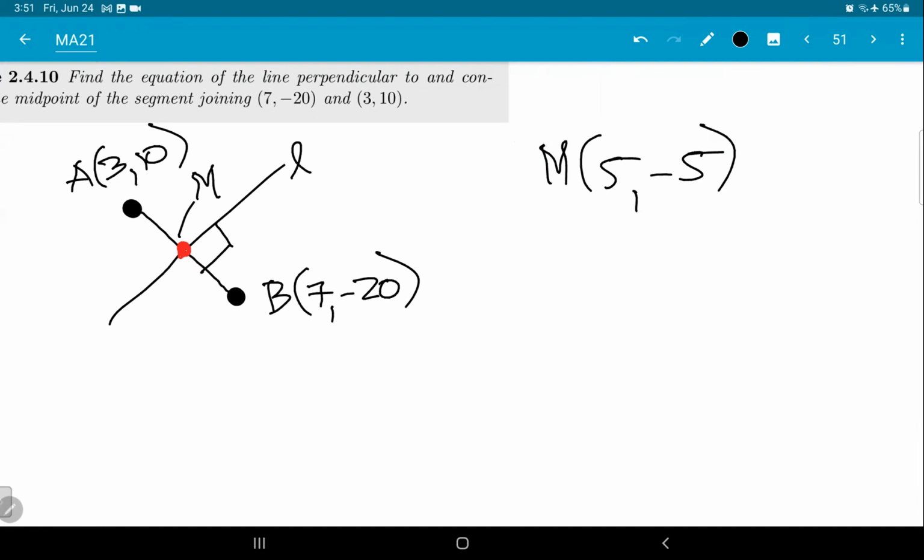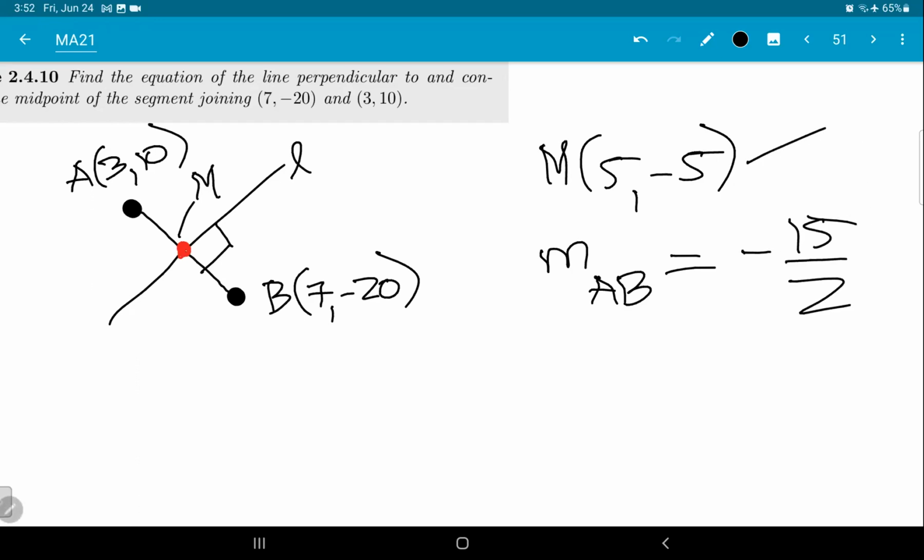Slope of AB, AB muna. Tama, -15/2. Yan ang pangalawa. So may points yan. Siyempre, pakita mo yung solution, no? May points to. Midterms kasi, show your solution eh.